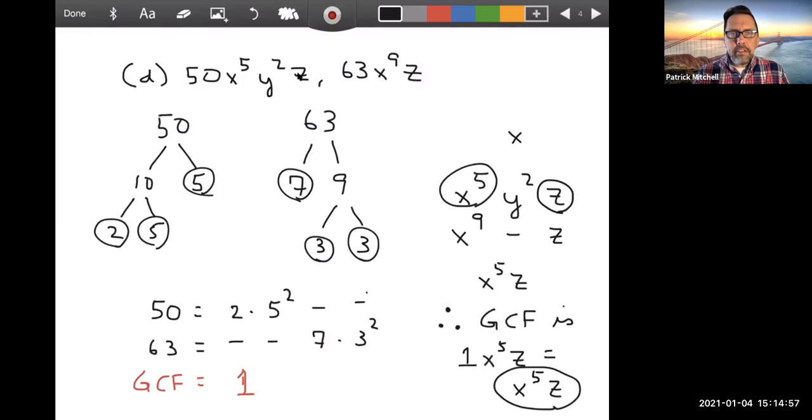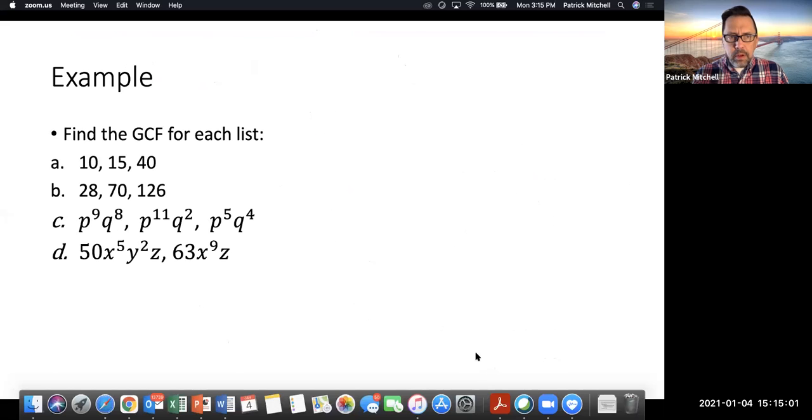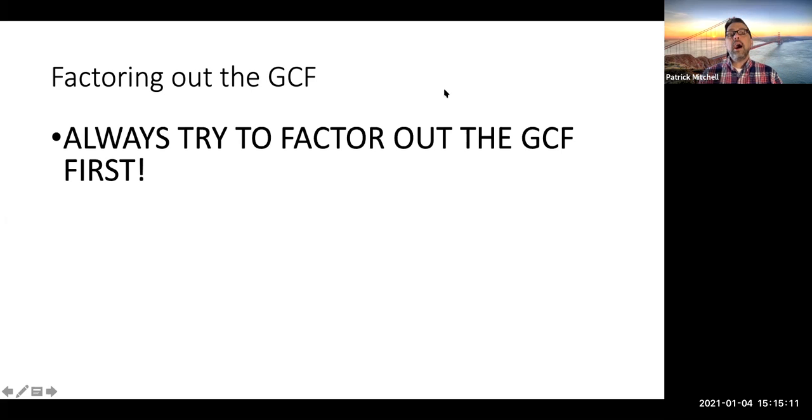So now we'll go back to the PowerPoint and see what other kinds of problems we have to do here. Okay, so next we have factoring out the GCF. Throughout the course of this chapter, you're going to learn what I call a bag of tricks for factoring polynomials.